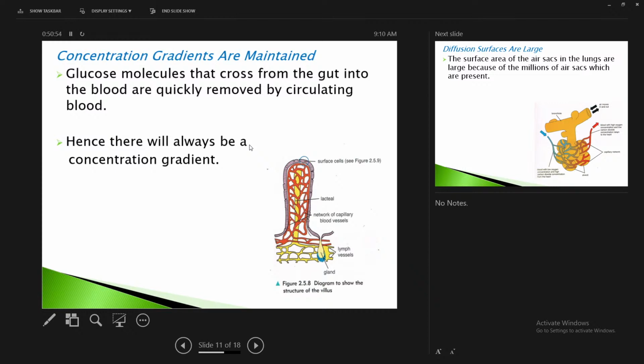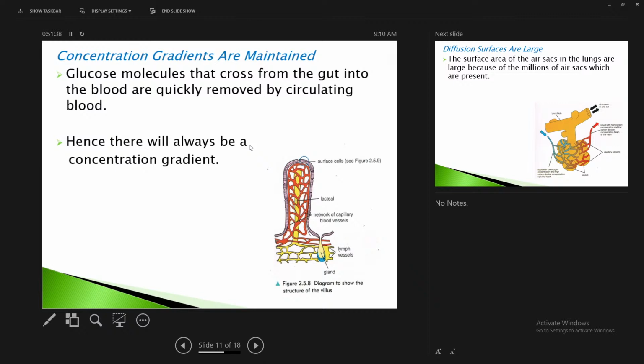If, for example, the amount of glucose in the digestive system is the same as in the circulatory system, then you're not going to have diffusion taking place, because there is what is known as equilibrium, or equality. But that is hard to happen, simply because your circulatory system is constantly taking glucose to different body parts that need energy.